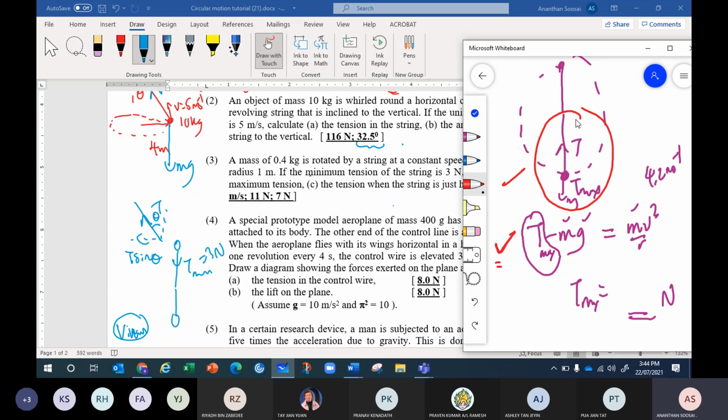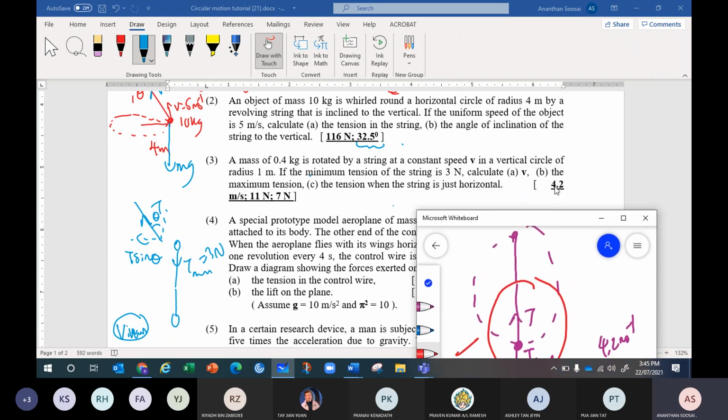Okay, those who couldn't figure out the bottom is the T max and can't figure out this equation, you need to revise this topic, how to write the equation. Okay, I believe that nobody has this problem writing the equation. Okay, so I hope you got 11 Newton maximum.